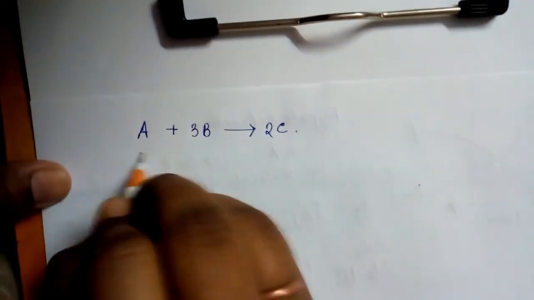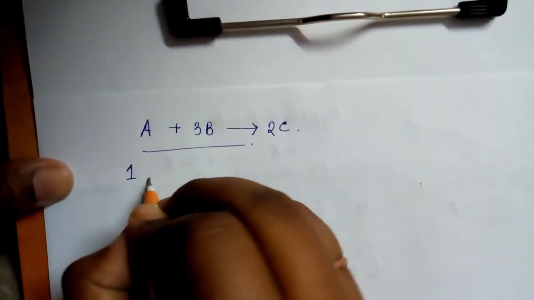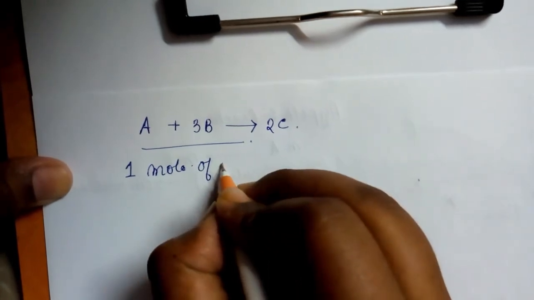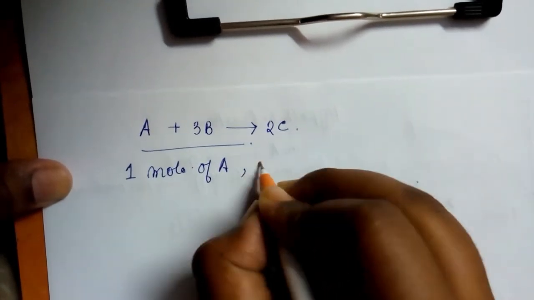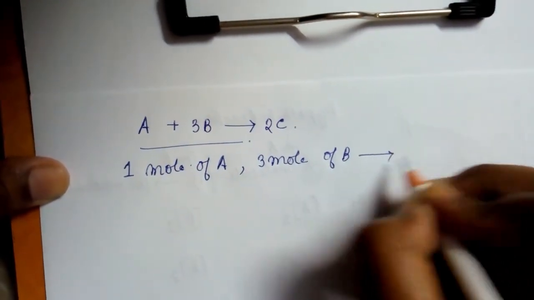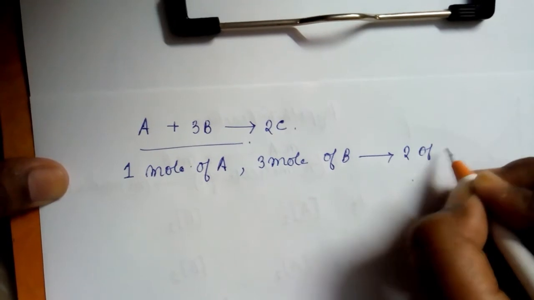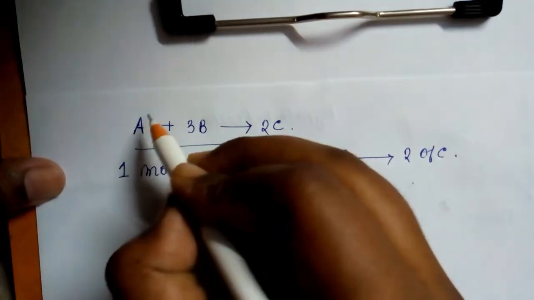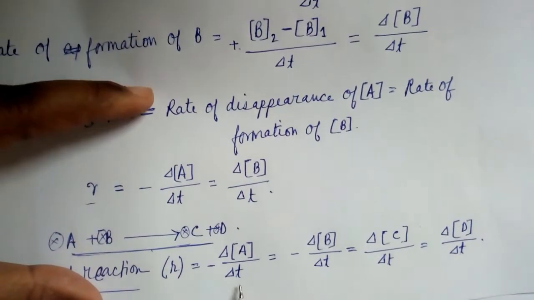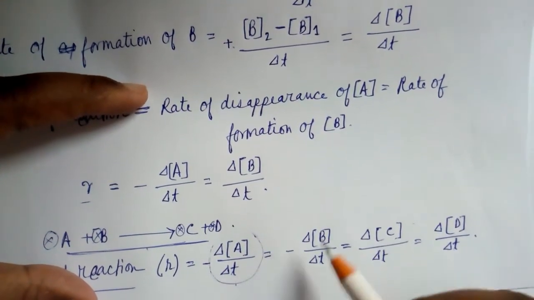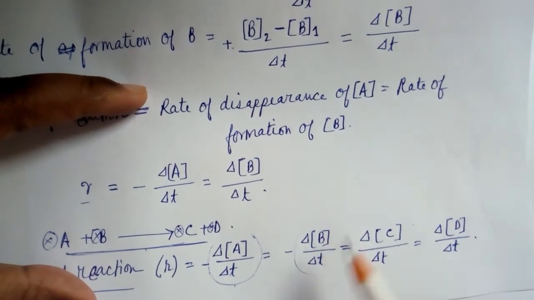When I write this equation, it shows that 1 mole of A reacts with 3 moles of B and gives 2 moles of C. Again, we have seen that in the earlier case all these terms are the same, like the change in the concentration of A along with time and the change in the concentration of B, both are equal.